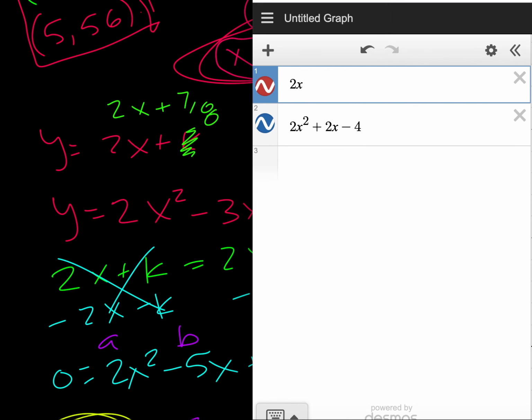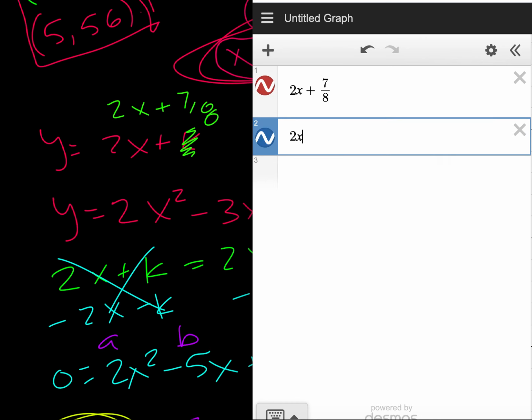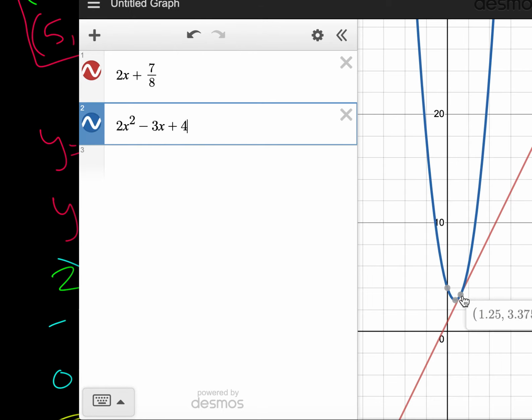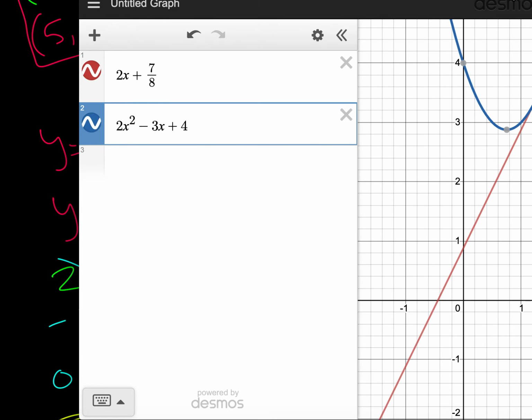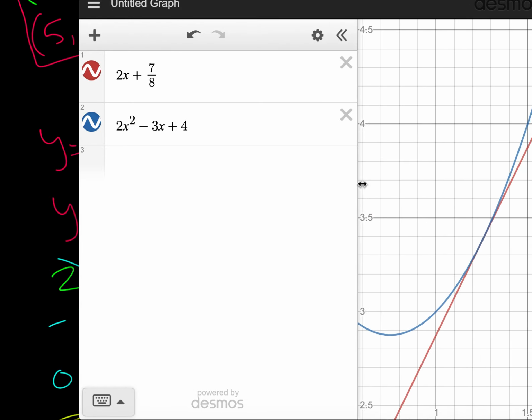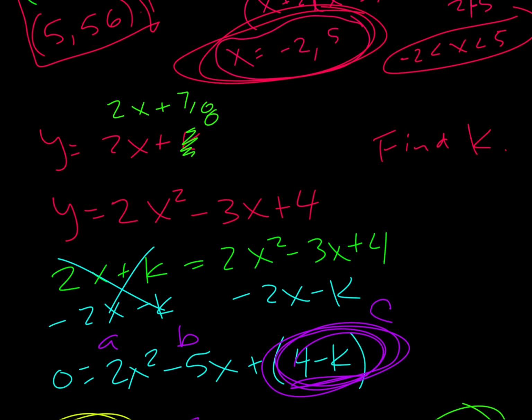So we have 2x plus 7/8, and then we have 2x squared minus 3x plus 4. Then we see right there, it really does just skim it. See how it's tangent right there and it just skims it. So, yeah, that plays out.